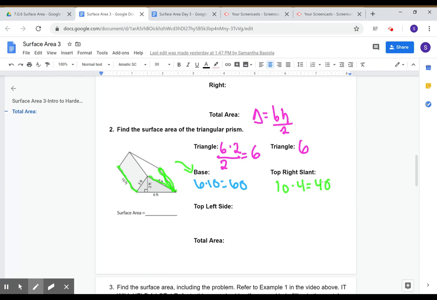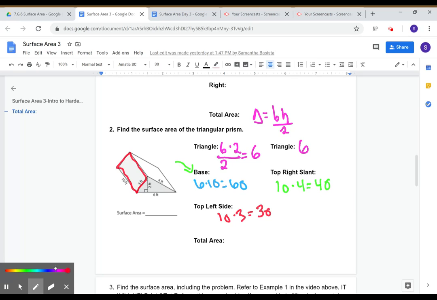Okay, now all I have left is the left side. I'm going to erase this. For my top left side, or you can look at this as the back, it's 10 by 3. I'm looking at this rectangle right here. 10 times 3 is 30.